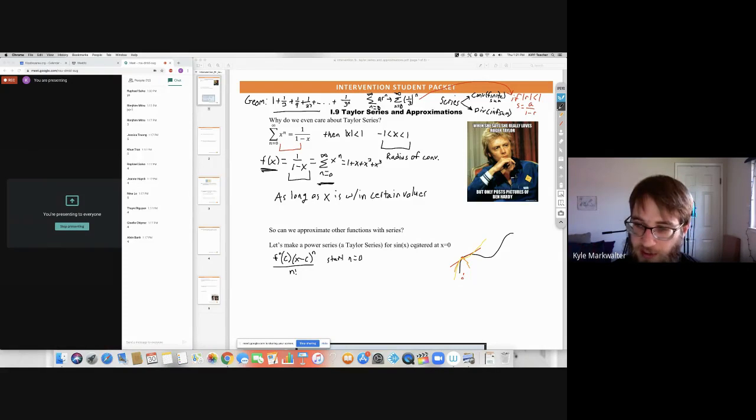We call c the value where this function is centered. It is basically where we are building our function around. Up here, the center was 0. And then on either side of 0, between negative 1 and 1.